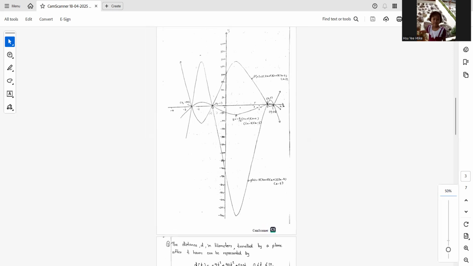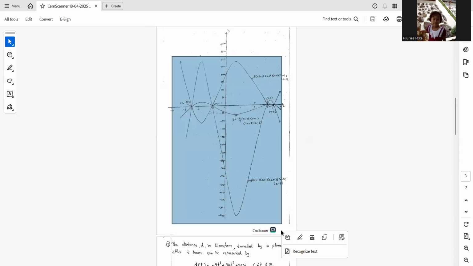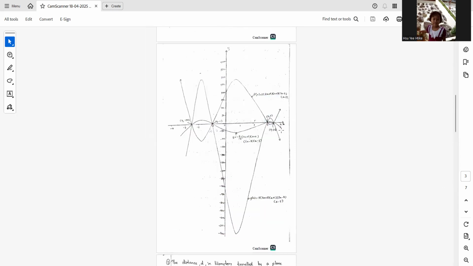Here we have sketched the graph that represents the functions and equations that we have made in A and B.